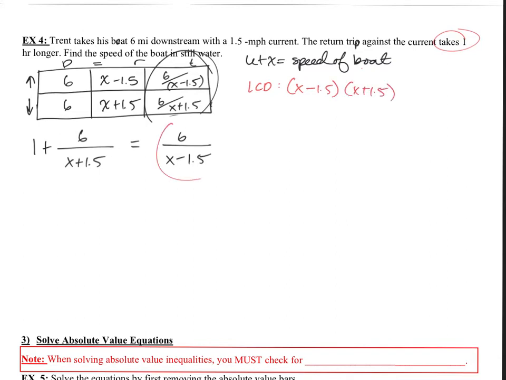Let's go ahead and multiply both sides by that. Now, once again, why aren't we doing the building up property? Because it's an equation, we don't have to do that anymore. All right, (x minus 1.5)(x plus 1.5). Okay, this gets distributed in.